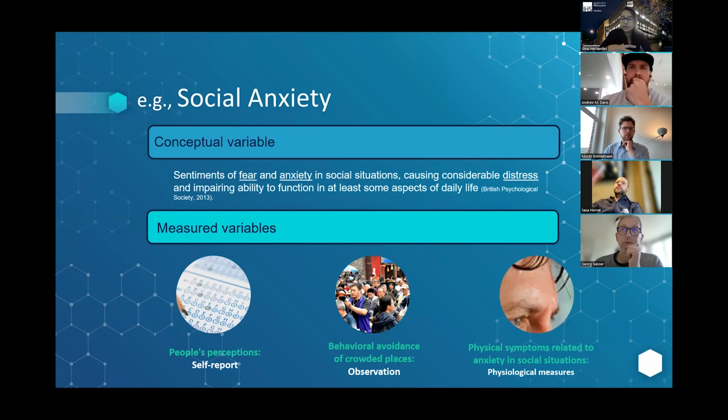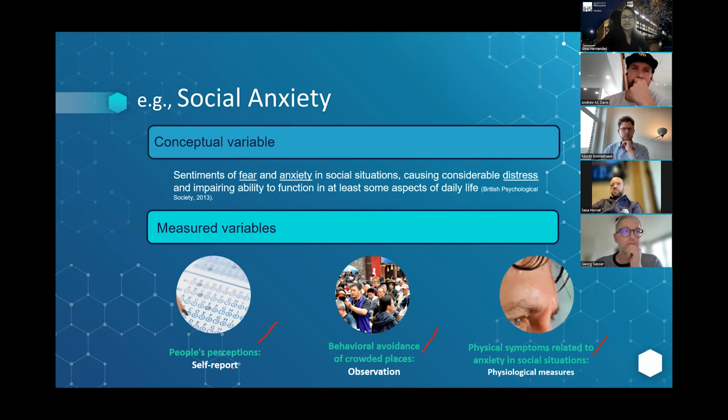We need to know how we can turn these concepts into specific indicators that we can measure. For example, for social anxiety, we can assess people's perceptions, or we can assess the behavioral avoidance in crowded places, or the physical symptoms they display when they are in social situations.